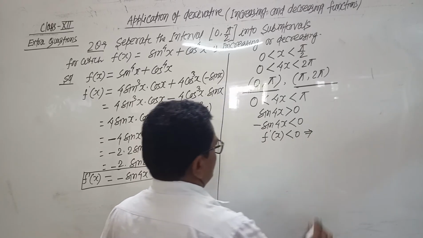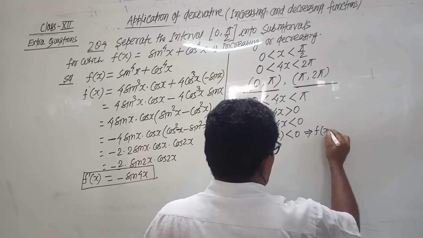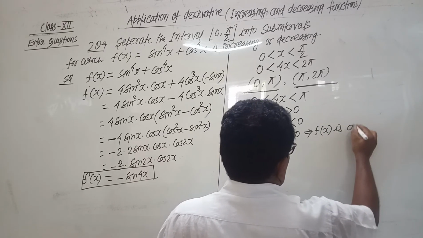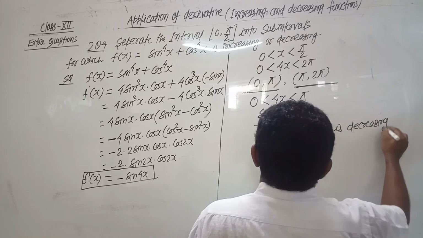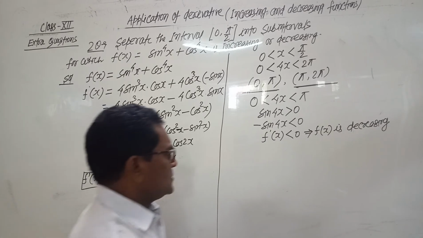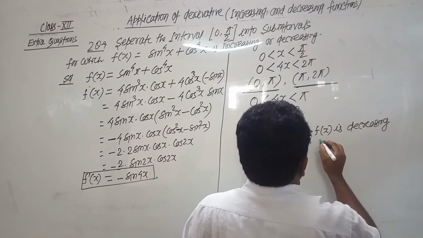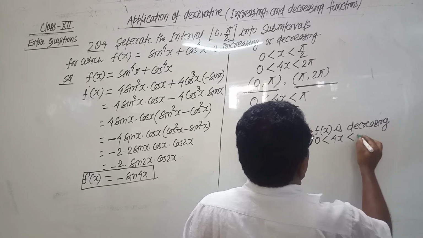This implies that f x is decreasing. In which interval? f x is decreasing in 0 is less than 4x is less than pi.